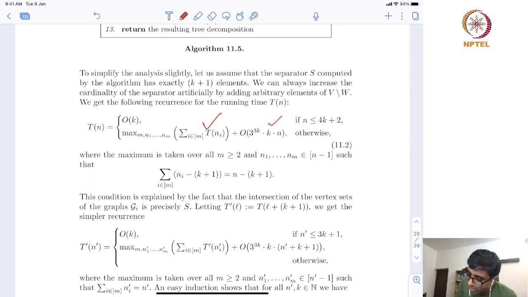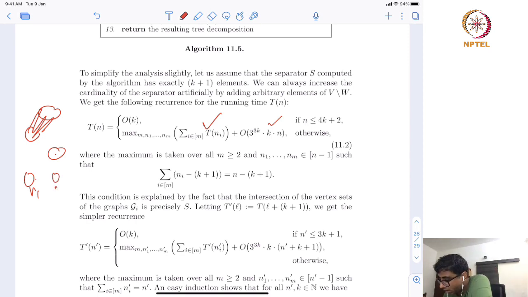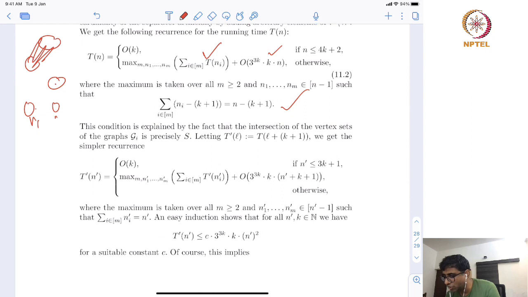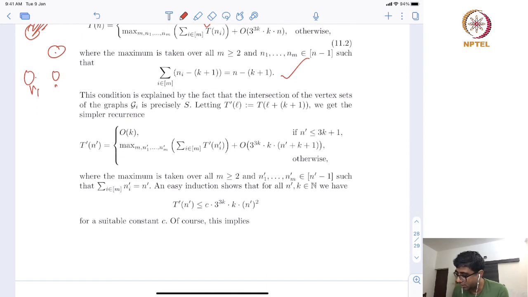But notice that the size of each graph N_i is N_1 plus k, N_2 plus k, and so on, where these N_i are at most n minus 1, and if I delete the separator of size k plus 1, the total is n minus k plus 1. So you can simplify these recurrences using this, and by induction you can prove that T(n) is big O of 3 to the power 3k times n squared.